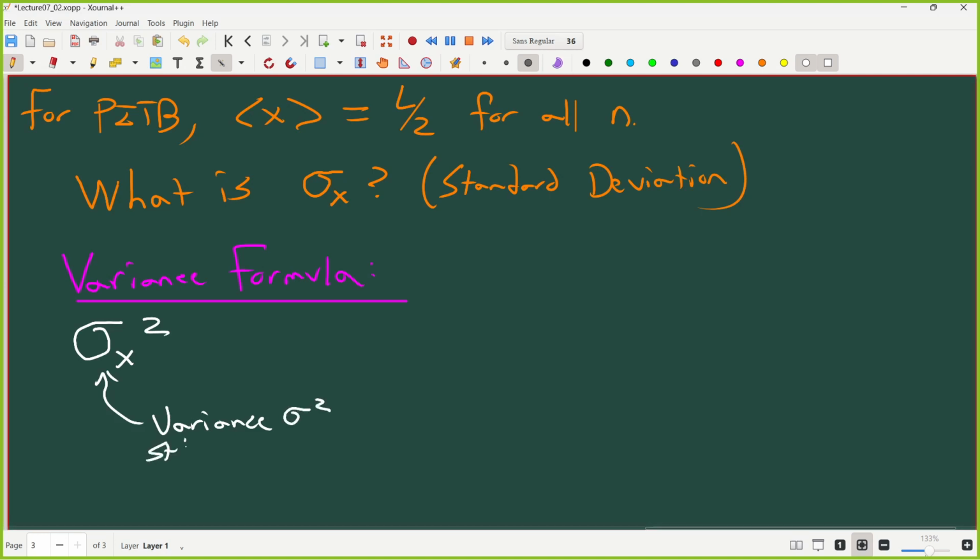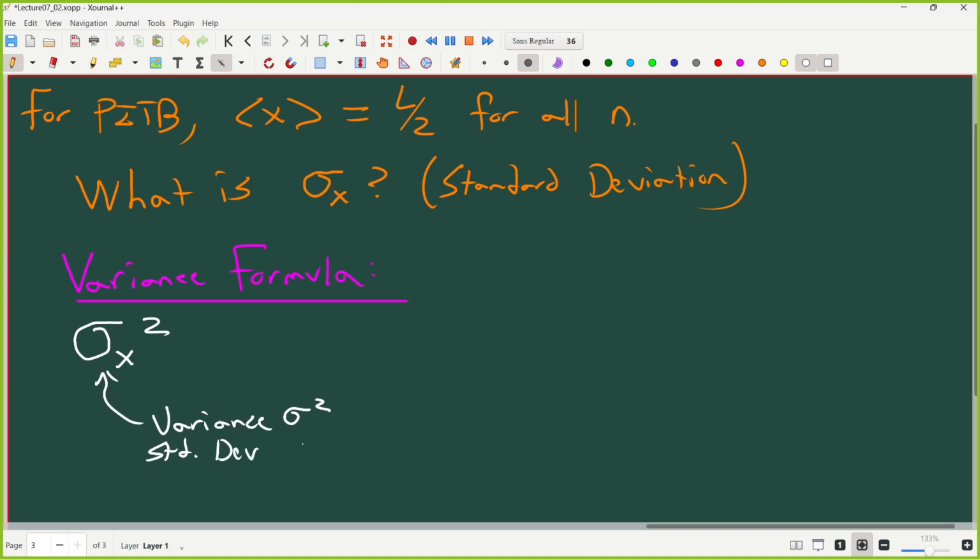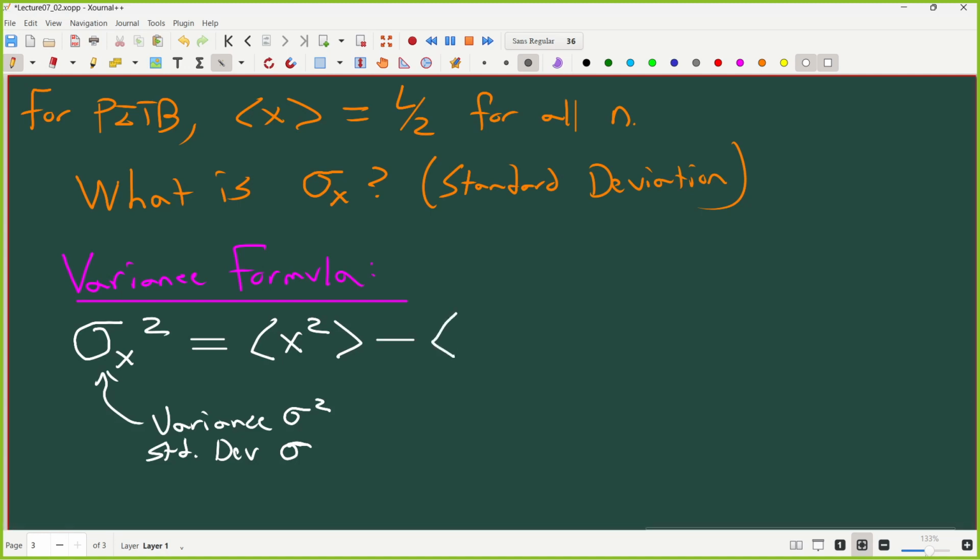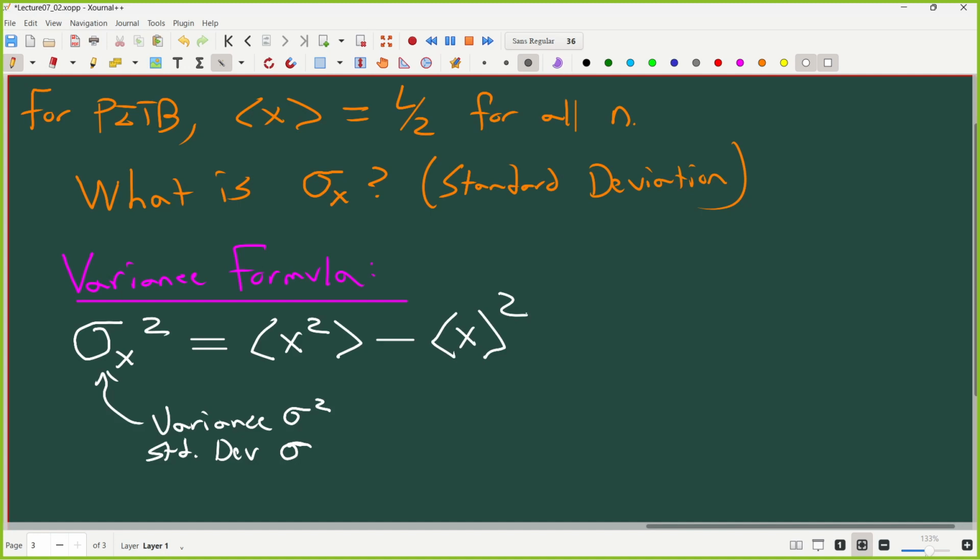And standard deviation is just sigma, so it's a square root. It is equal to the average of the variable squared minus the average of the variable, squared. That sounds like the same thing, but you can see the difference.